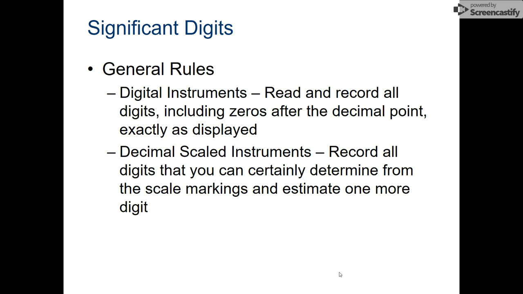And we know that all those are significant. The last digit on that screen is assumed to be uncertain. Now, on decimal scaled instruments, like the meter stick that has units divided into tenths, we record all the digits that you can certainly determine from the scale markings and estimate one more digit.